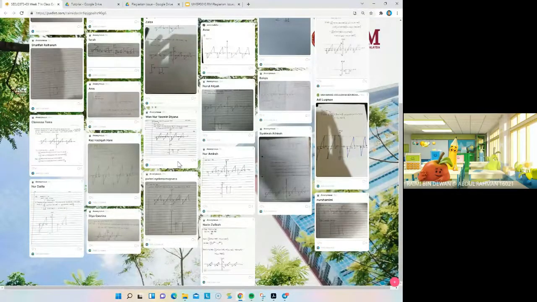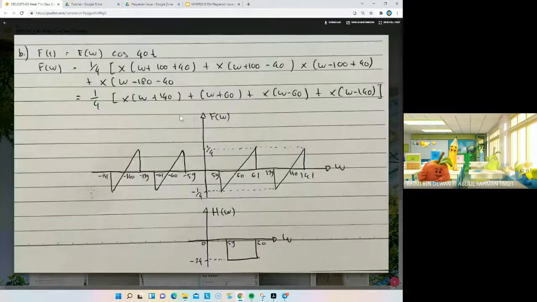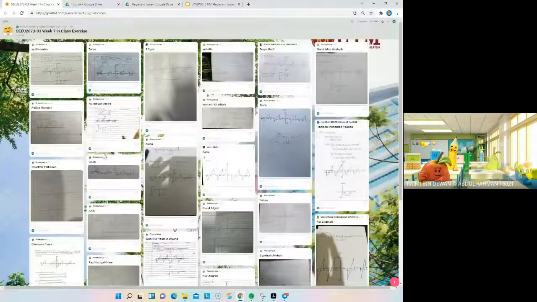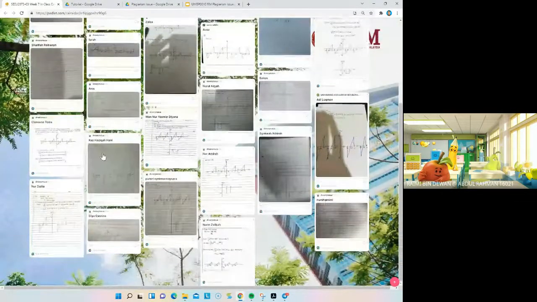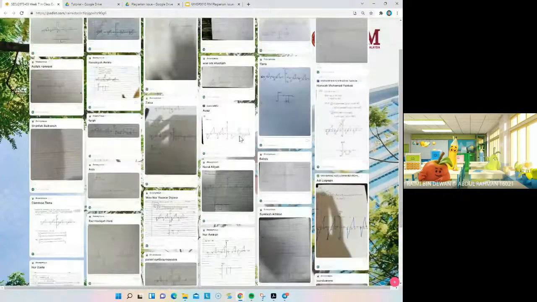Who else? I didn't actually check even one of your work. Who else? Shafwendra. Okay, this one is correct. I think I have spoken of everyone's names. Almost everyone. Okay. So okay, Surya, Suhaila, Zaza.